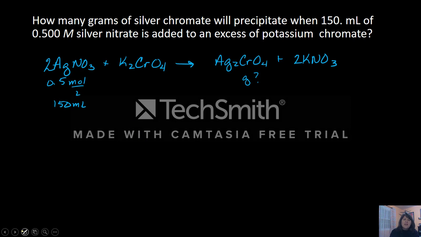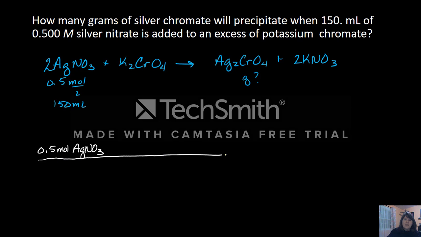I'm going to do this one in one great big long line this time. I'm not going to stop and break off the moles. I'm going to do it in one big stoichiometry problem. So I've been given 0.5 moles of silver nitrate. Now you can break it into 2 like I did on the previous problems if you would rather. Drawing a straight line is always interesting.